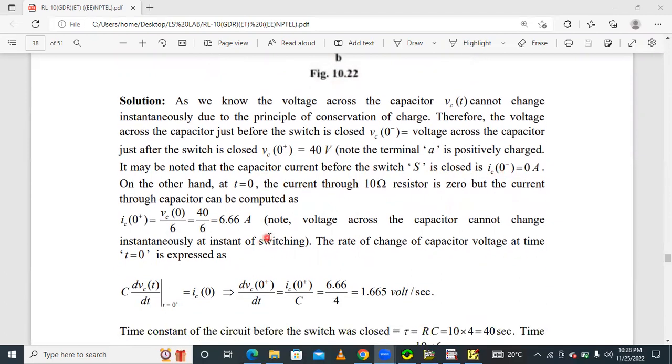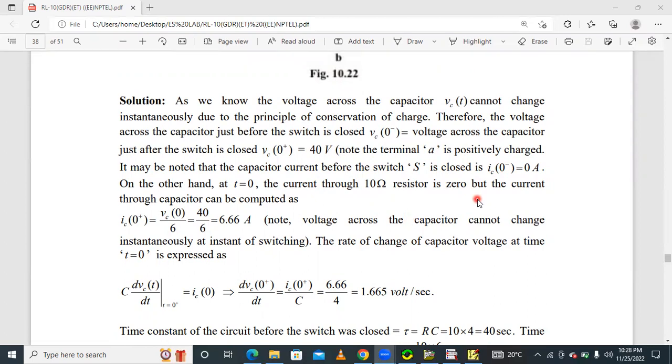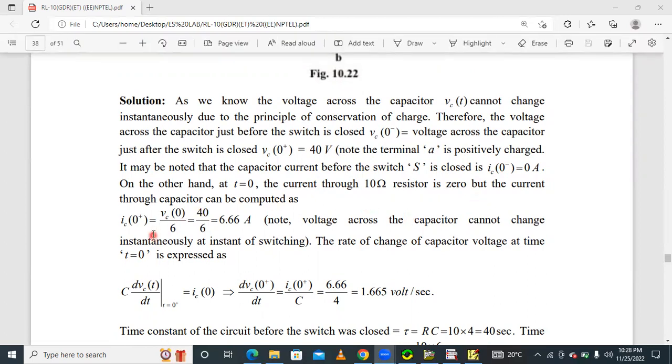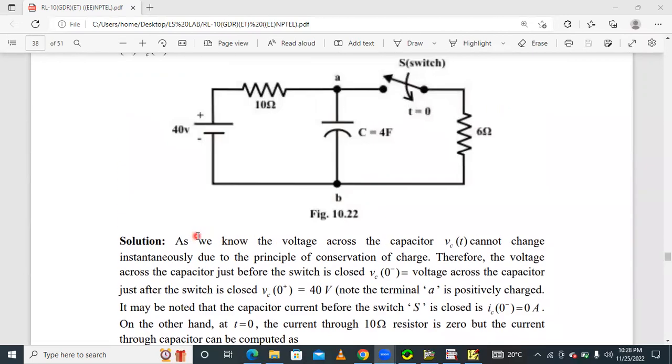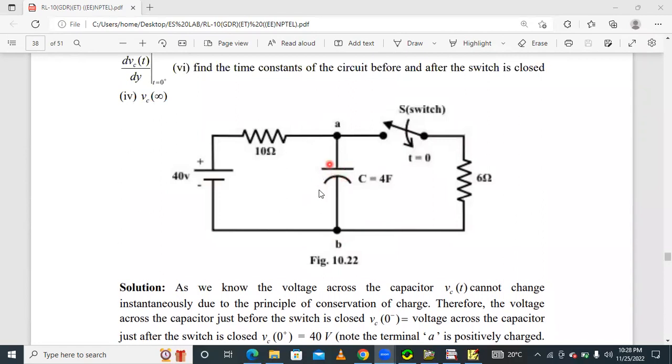On the other hand, at t equal to 0, the current through the 10 ohm resistor is 0, but the current through the capacitor can be computed as IC of 0 plus equal to VC of 0 by 6. After the switching action, when it is closed, the voltage across the capacitor is 40 volts just after switching.